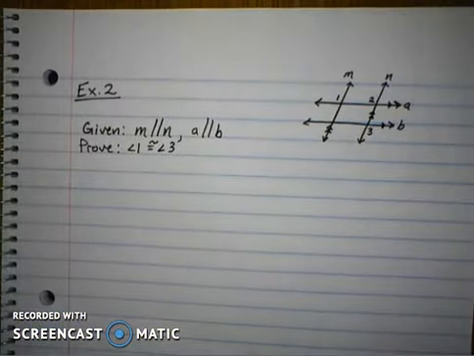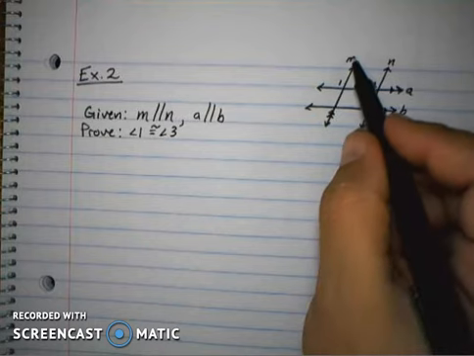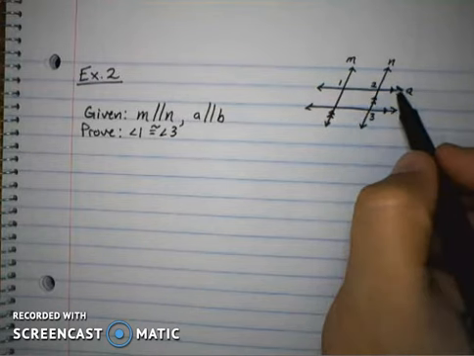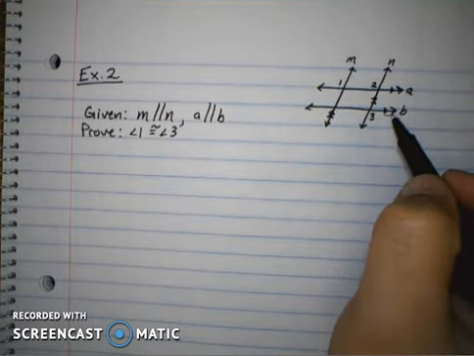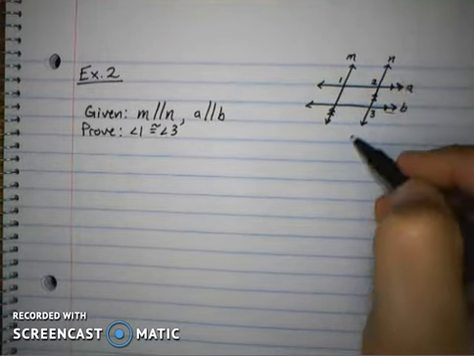Given M and N are parallel, but A and B are also parallel. So because I have two sets of parallel lines, when I'm talking about parallel lines M and N, A is one transversal and B is another transversal. In the same way around for these two, all four lines could potentially be transversals. So we're going to have to think about things a little bit differently in this proof, but it's actually a much shorter proof, and I'll work it out with you now.